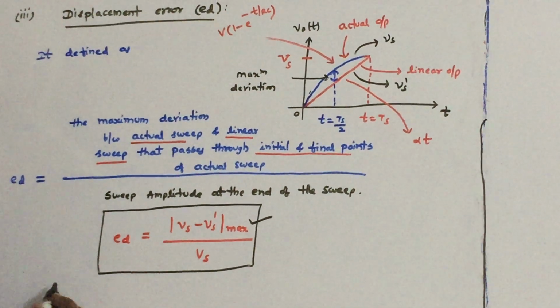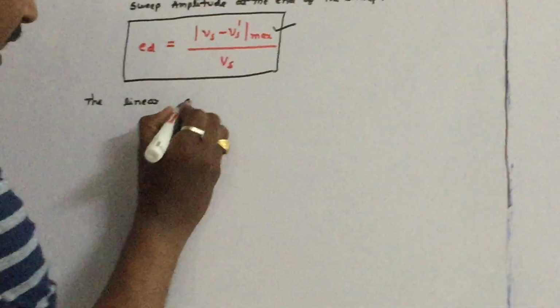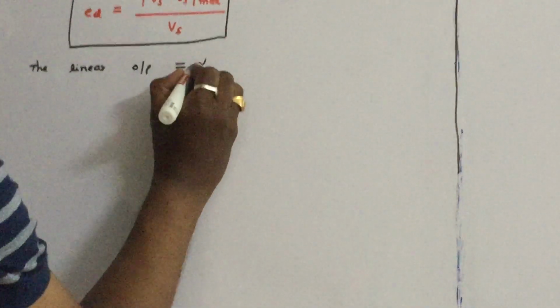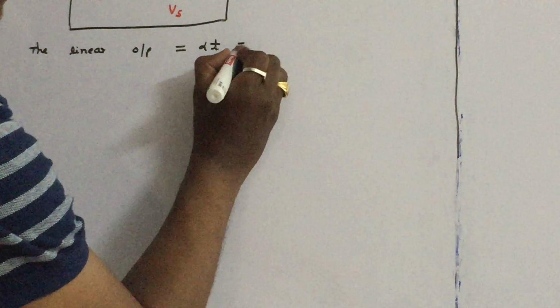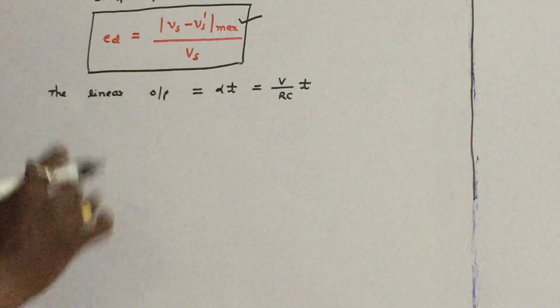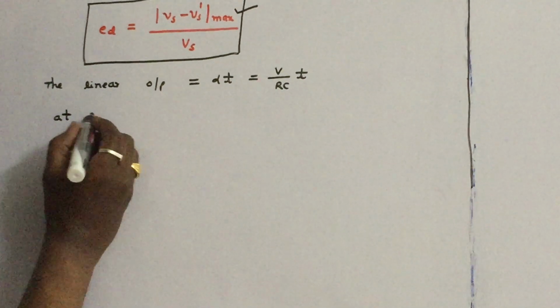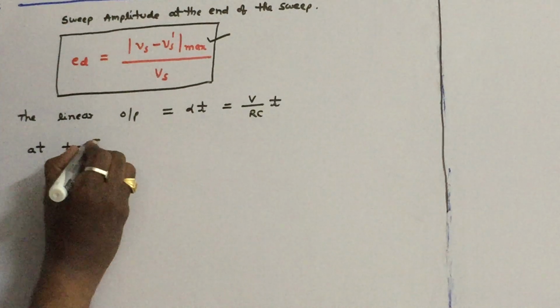What is the linear output equation? Alpha t, which we derived in the initial step: V by RC into 2t. This is the linear output equation. But what is the output at t is equal to ts by 2?